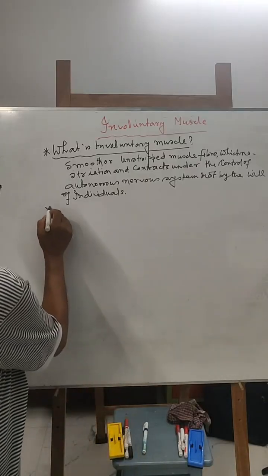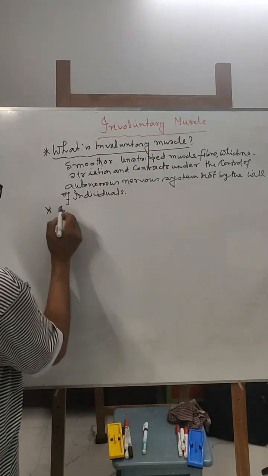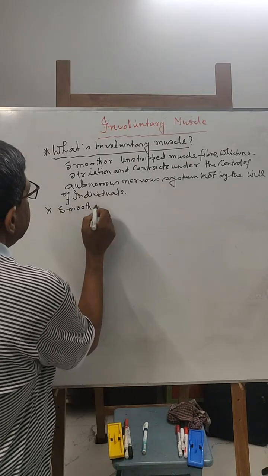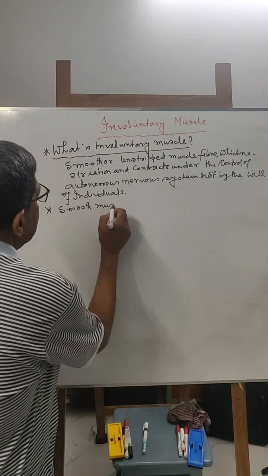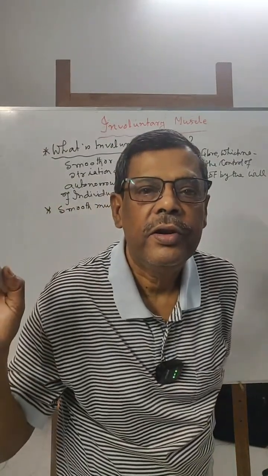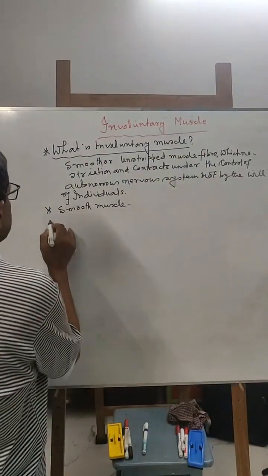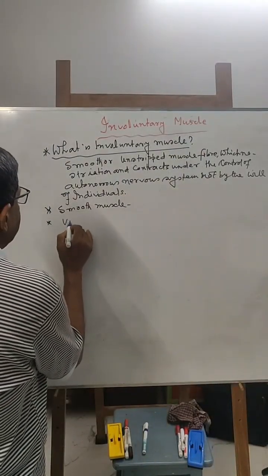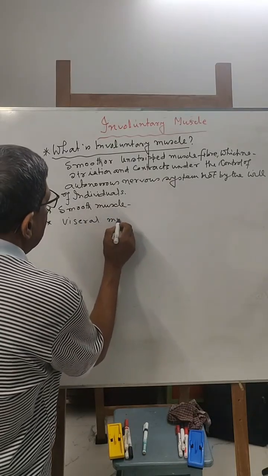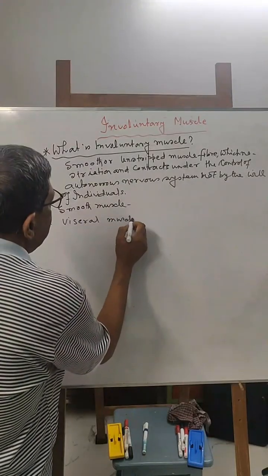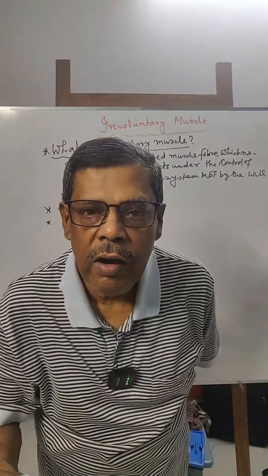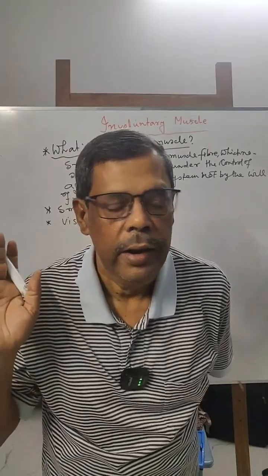It may be called smooth muscle, as there is no striation. It may also be called visceral muscle, because it is found in the visceral organs.